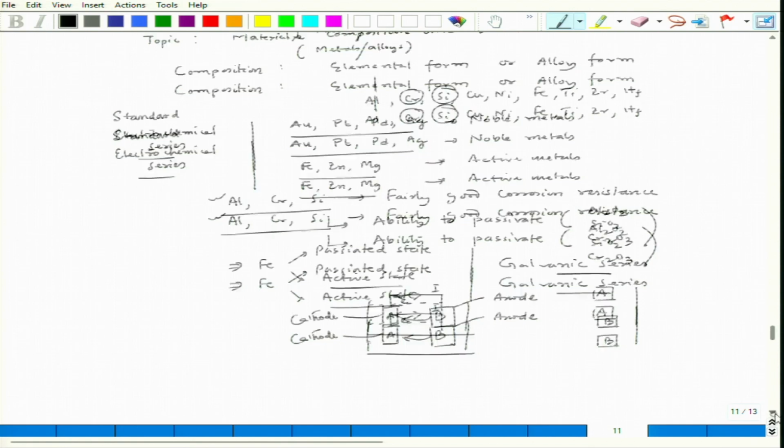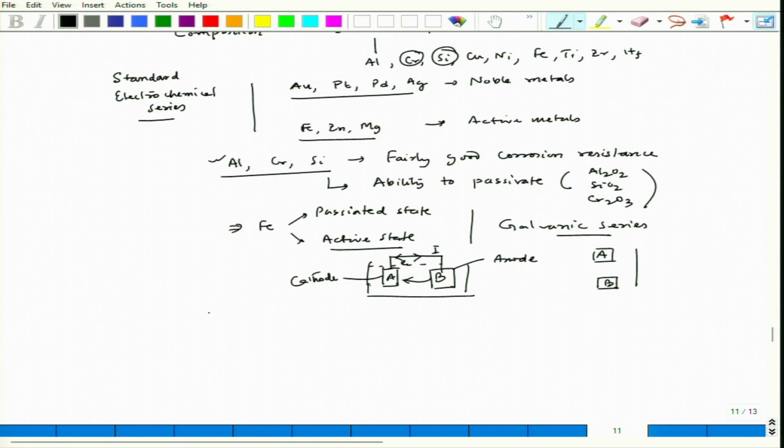Now, similarly, some elements are very strong passive forming elements, like chromium and silicon. Let us have an example. We know stainless steel, if we consider 304 grade, is around 0.08% carbon, 18% chromium, 8% nickel.